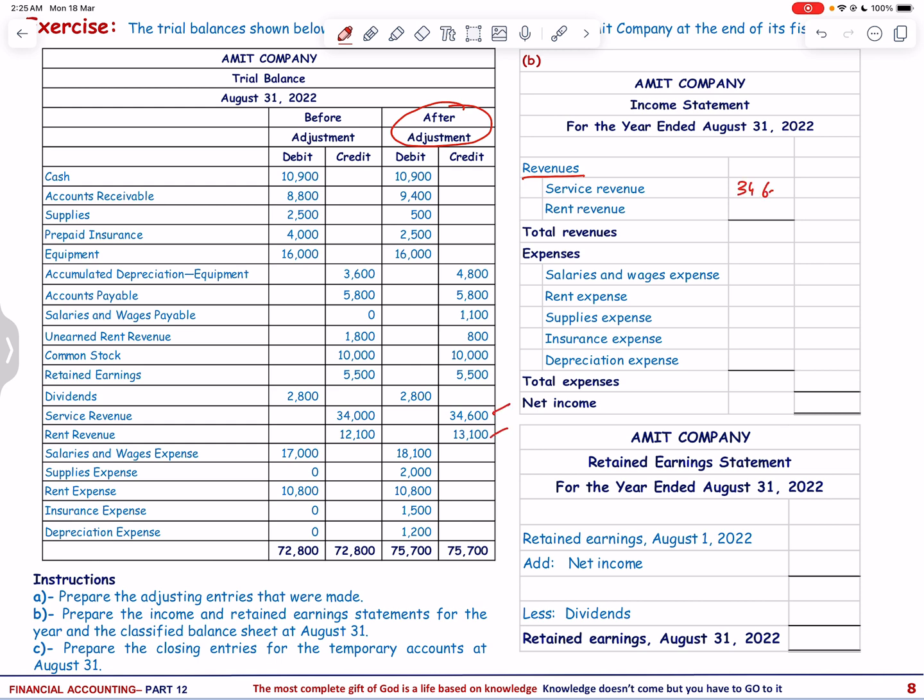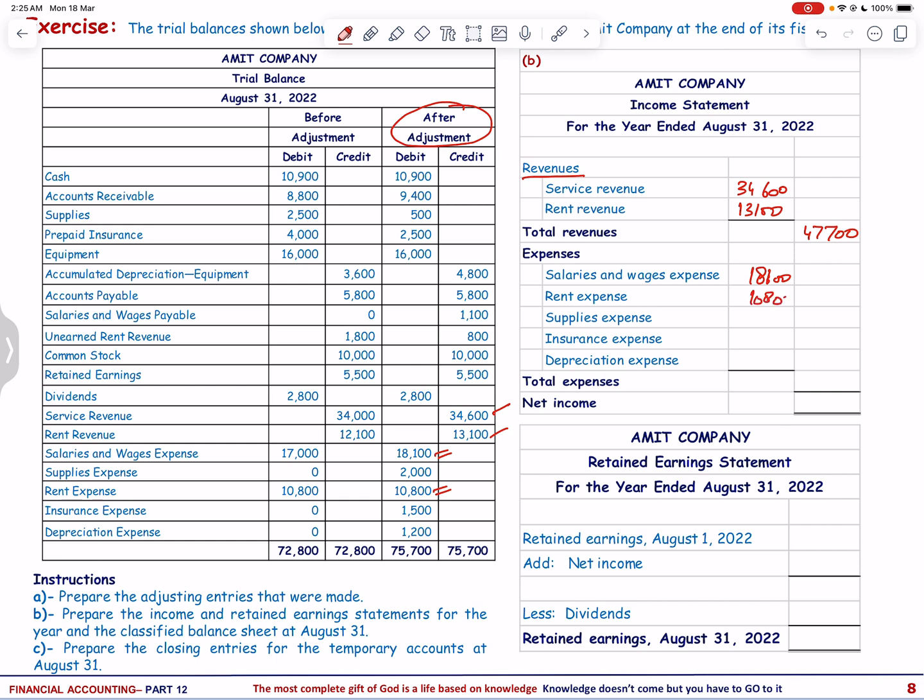Then we have the expenses, and under the expenses we can see we have salaries and wages expense 18,100. We have rent expense, and rent expense is 10,800. Then we have supplies expense 2,000.